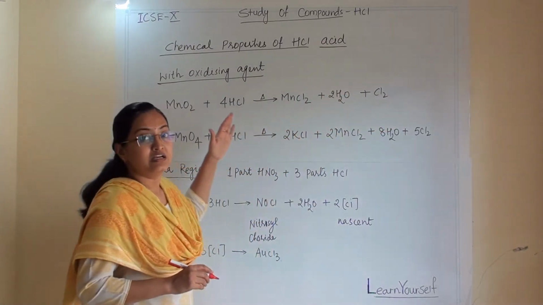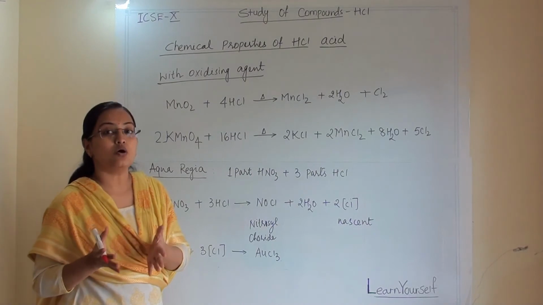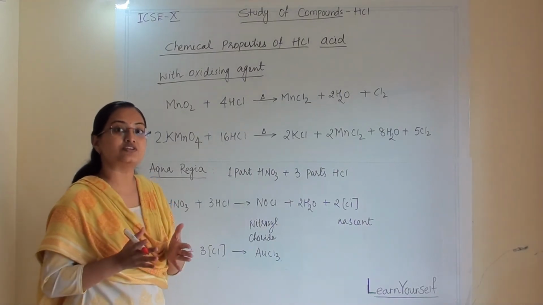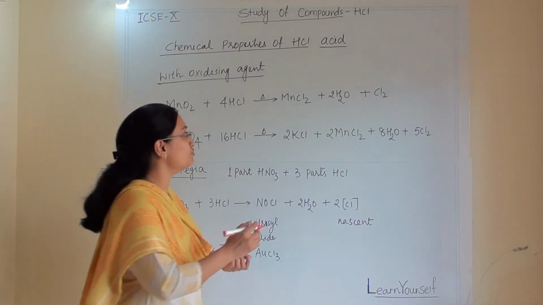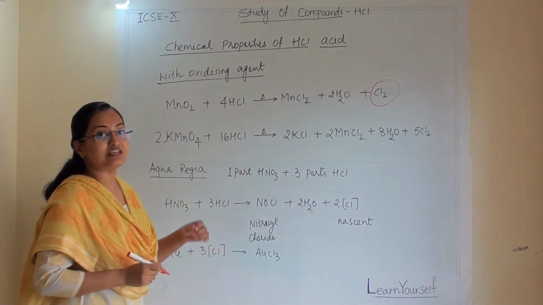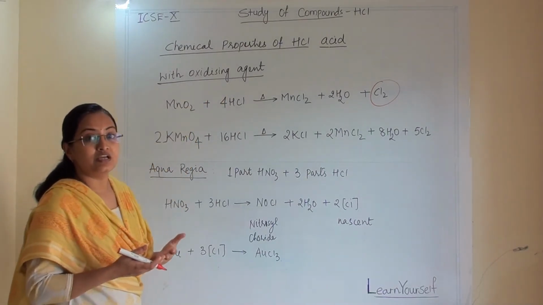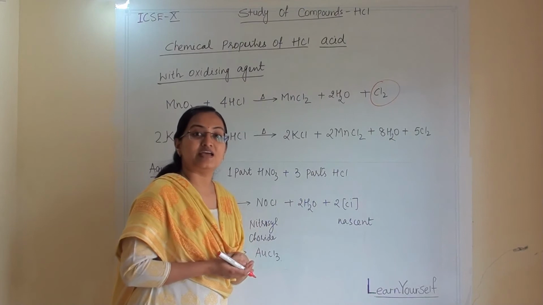This kind of reaction, when HCl reacts with an oxidizing agent, we use to get chlorine gas.